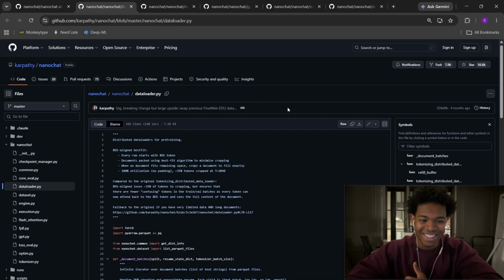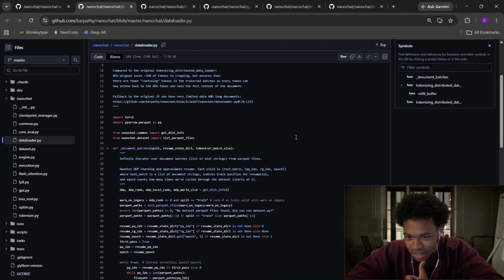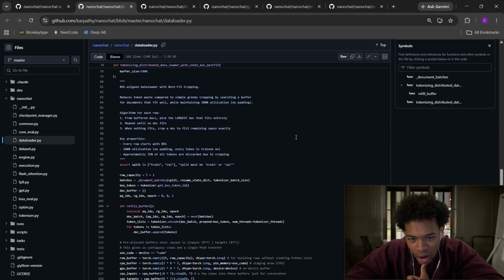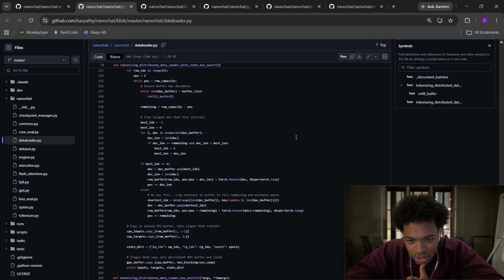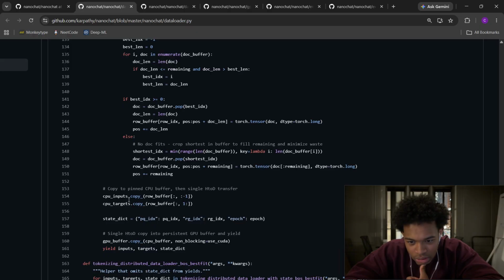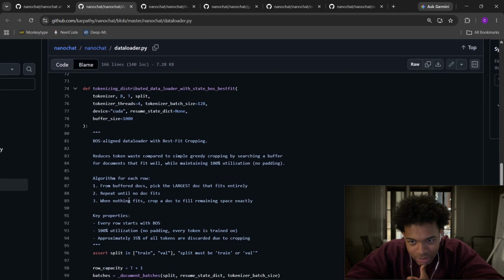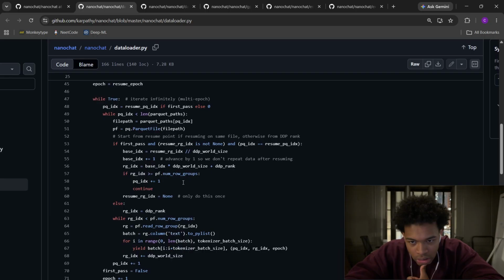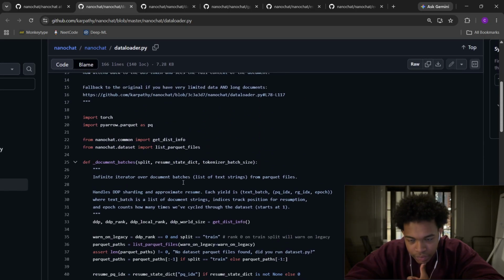You guys hear that? Let's see. Document batches. I'm also sort of just trying to see how big they are and how complicated I think the code is. Could I write this? Tokenizing distributed data loader. Okay.